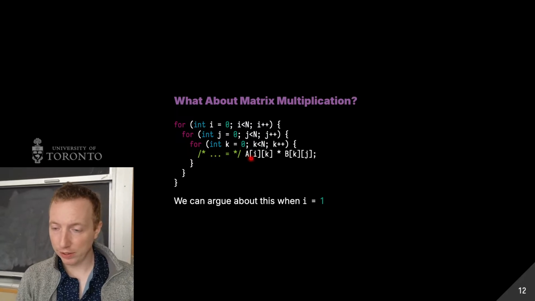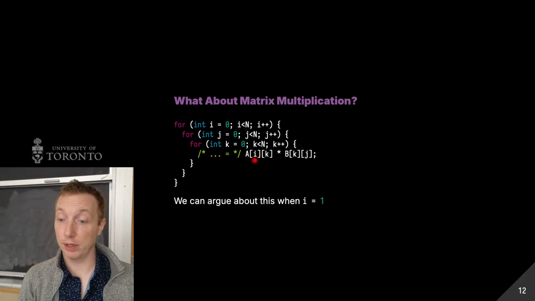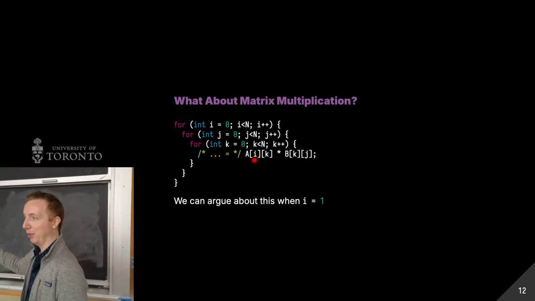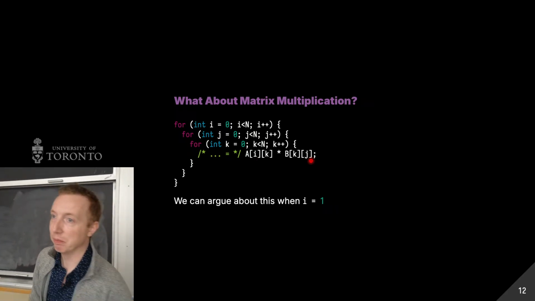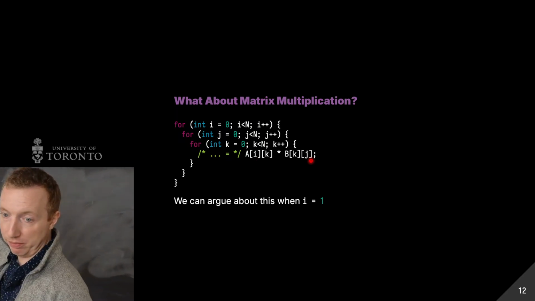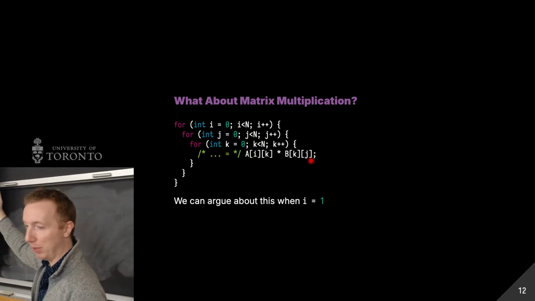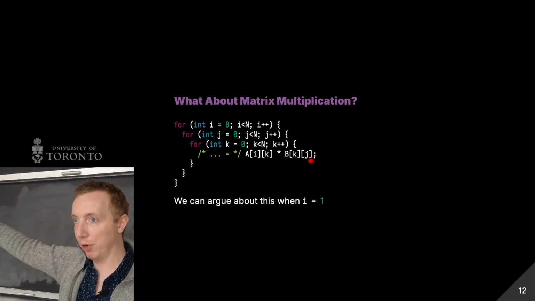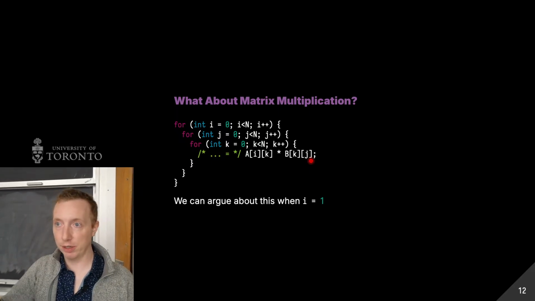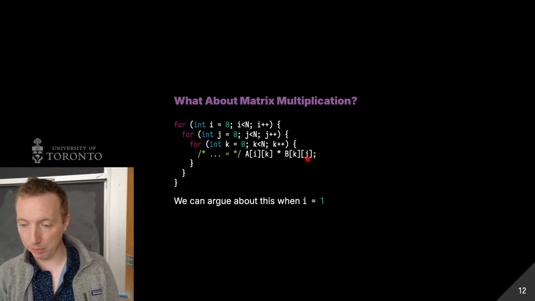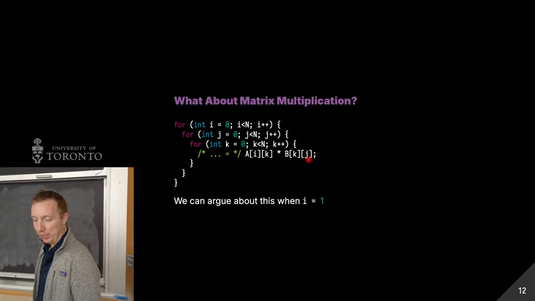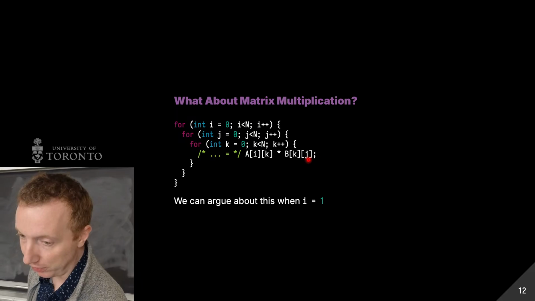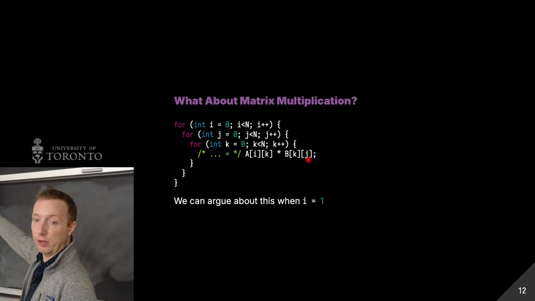Let's just say I is constant at 0, so I'm accessing things in the same row for matrix A. But because of the way matrix multiplication works, I can't do the same thing for matrix B, right? It's row times column. Each element, you multiply them together and then add them together. So what is going to be our miss rate for just a single iteration of that outer loop?